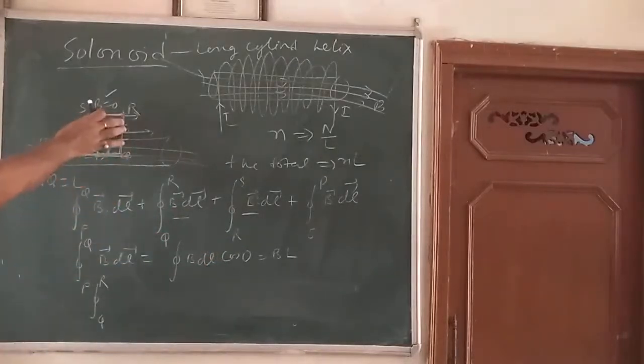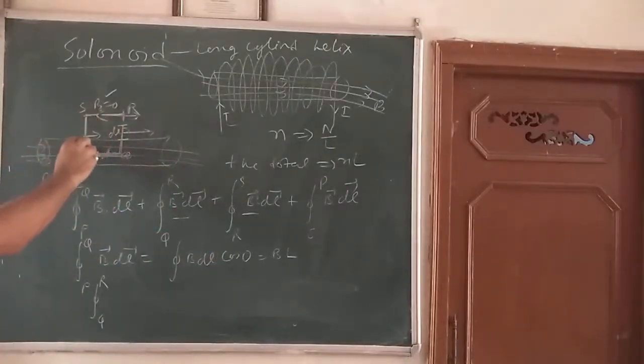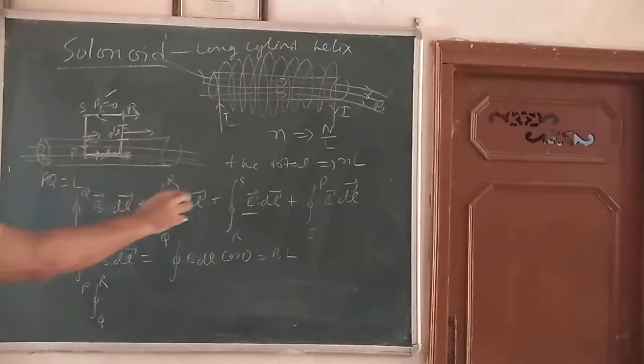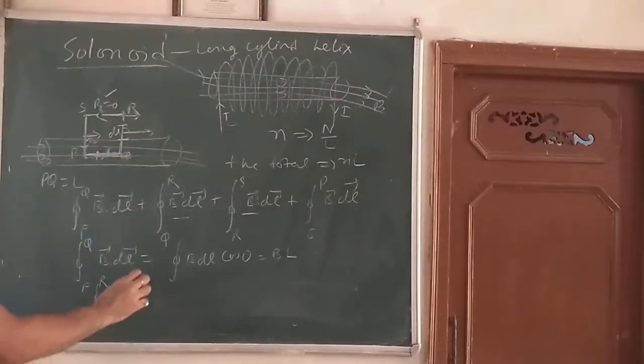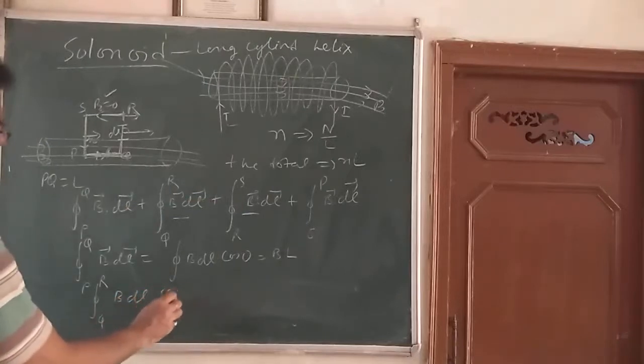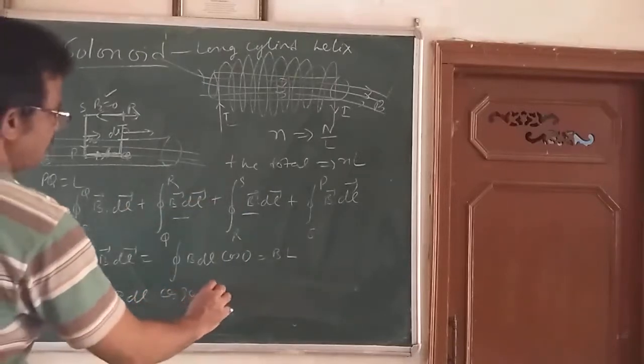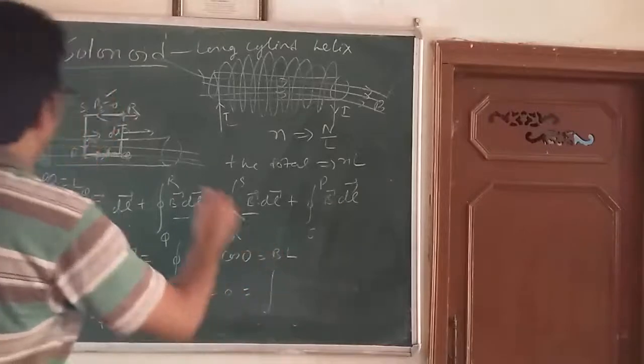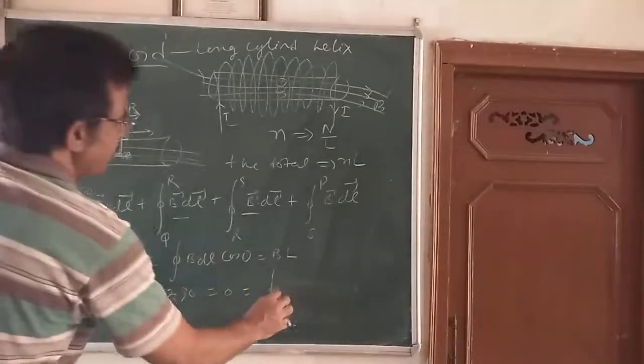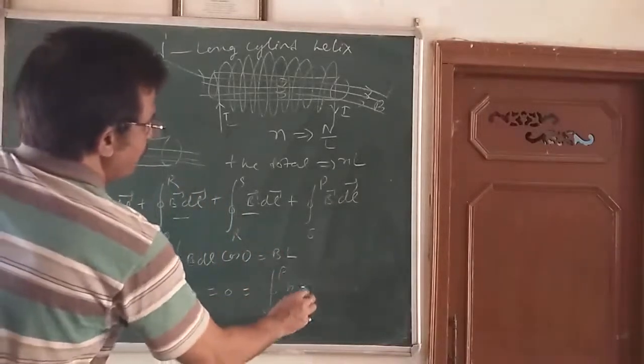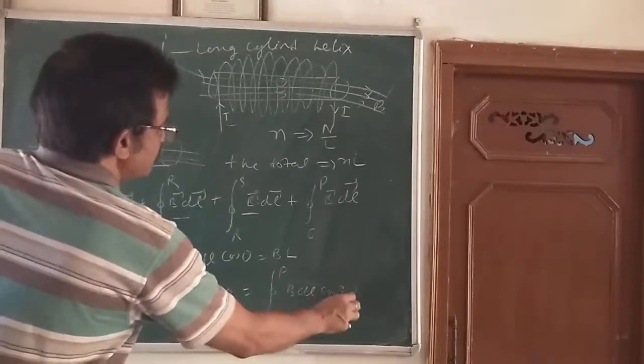Here it is 0. The integral of B dot dl along QR is B dl cos 90, which is equal to 0. It is also the same for SP: B dl cos 90, that is 0.